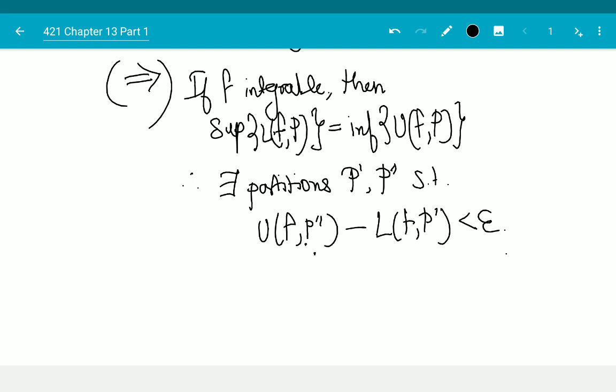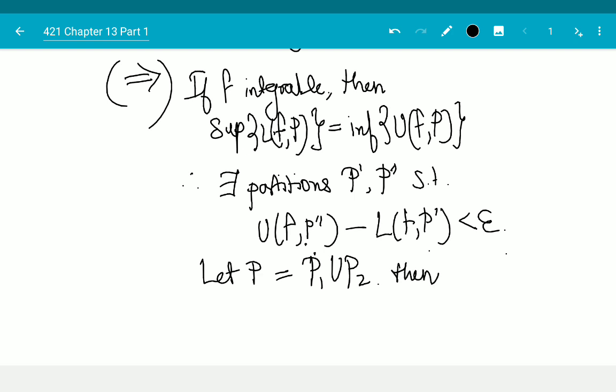Similarly, I can find a P' such that L of f comma P' differs from the supremum by at most epsilon over 2. If I have epsilon over 2, then the total thing is epsilon. Let P be a partition that contains both. Let P is equal to P1 union P2, right?